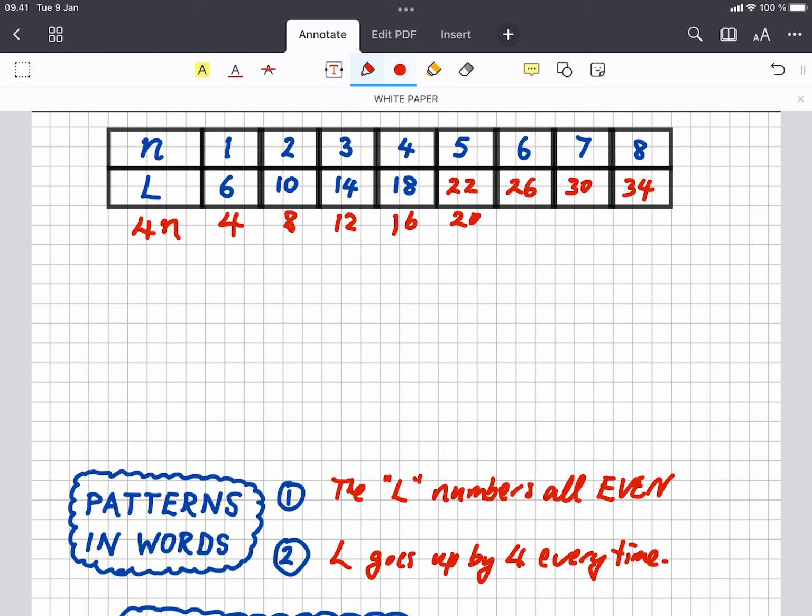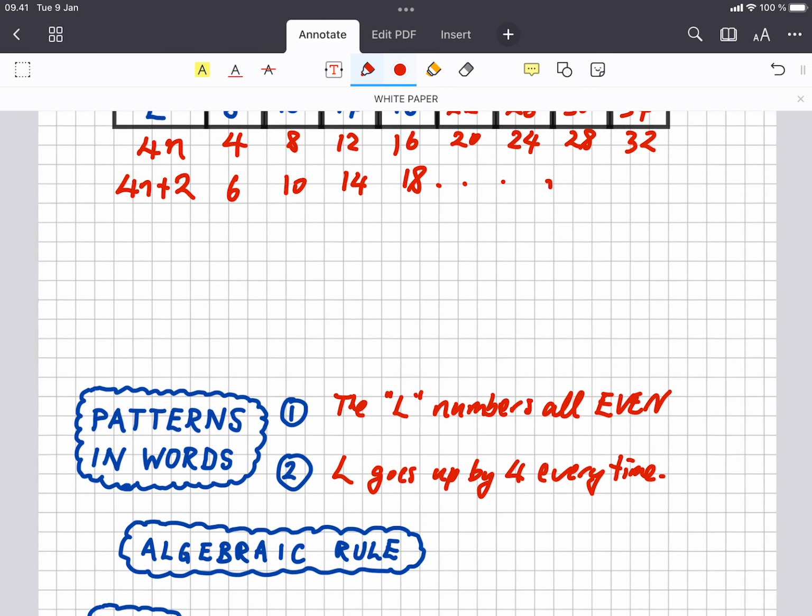So it gives us a pattern that does go up by 4 every time, but it's not the one we want, because the ones we want are all 2 more than the ones we're getting from that. So 4n plus 2 gives us the numbers we actually want, 6, 10, 14, 18, and so on.